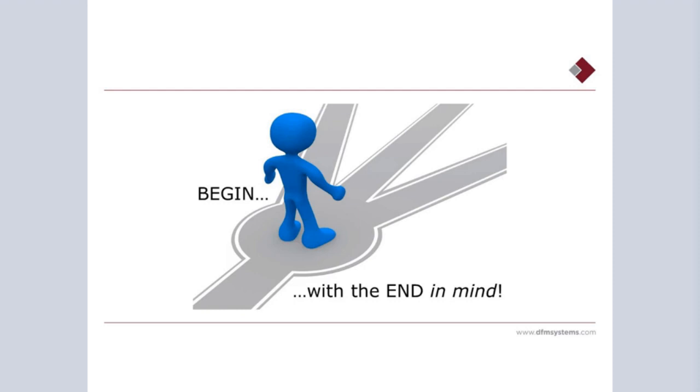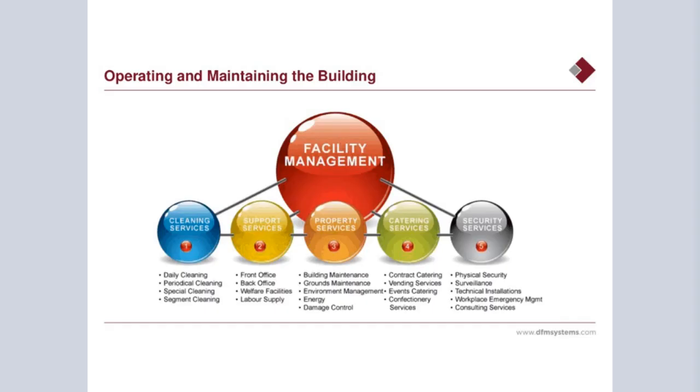So, beginning with the end in mind, what is the purpose of a safety file? From our point of view, the purpose of a safety file is to deliver all of the information needed to safely operate and maintain a building, and all of the services associated with that building.